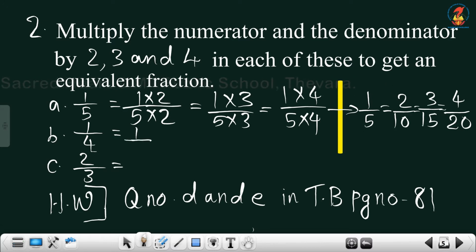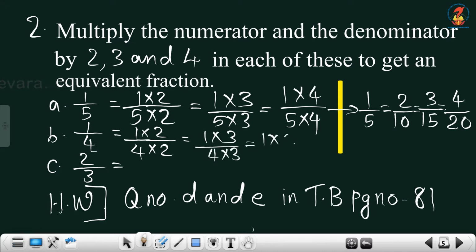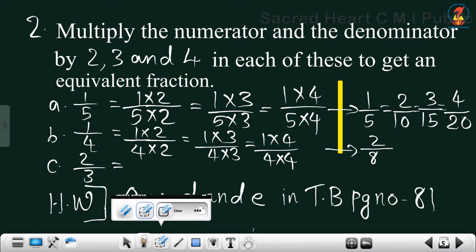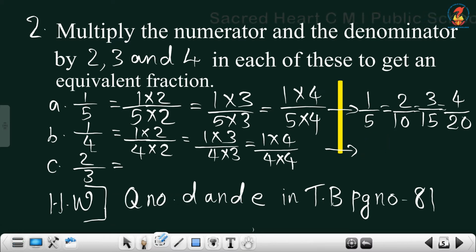Is it? Next one is 1 by 4. Here also we need to multiply by 2. And next we need to multiply by 3, and then by 4. 1 into 4 divided by 4 into 4. Answer is what? 1 twos are 2, 2 divided by 8.